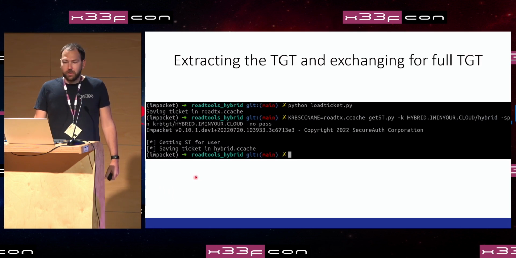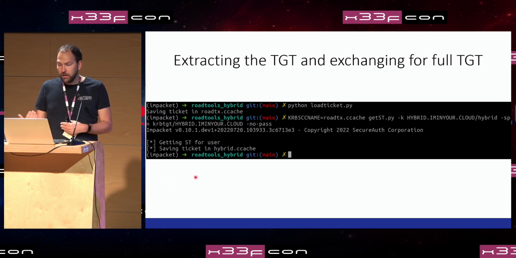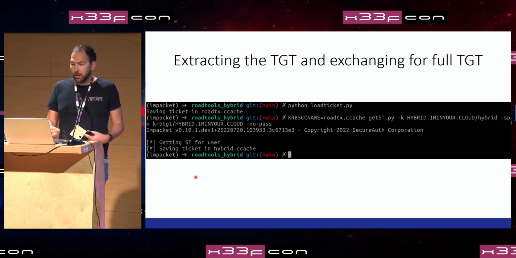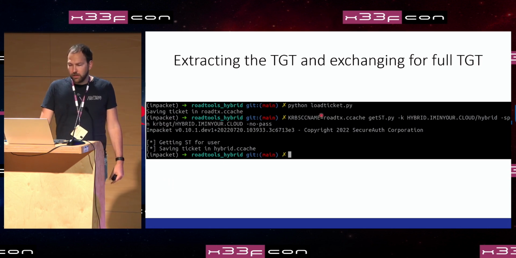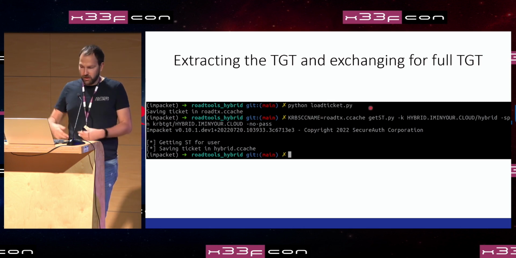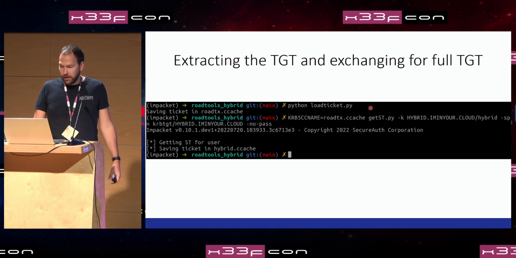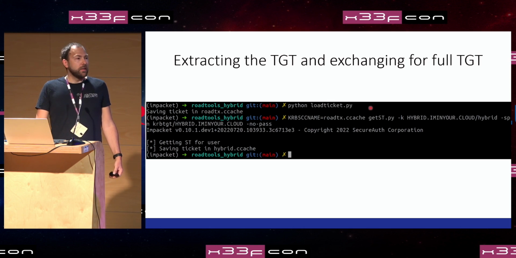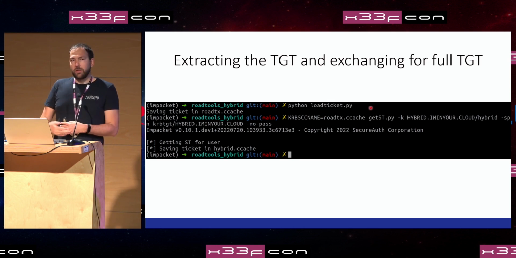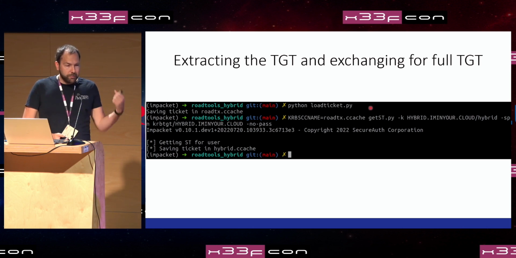Then I can extract this TGT from the PRT file. I can do this with the lowticket.py. There's also a different tool that can do this, I'll get to that later. But basically, I can extract the TGT from the JSON into a ccache, and that I can use with the normal Impacket tools.